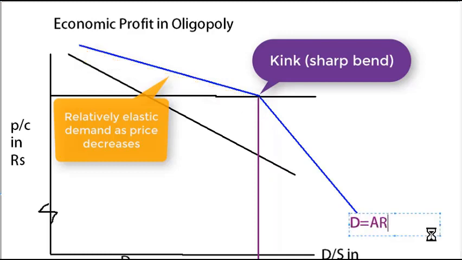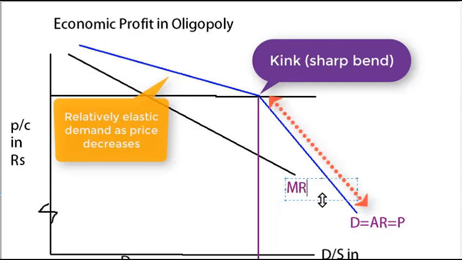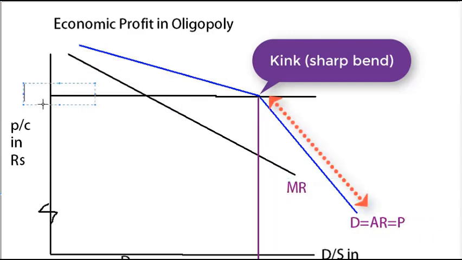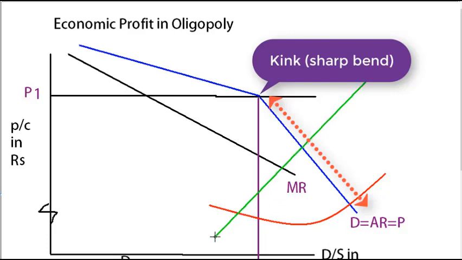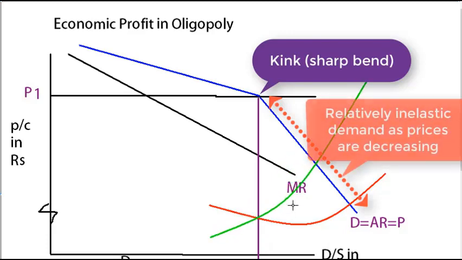If, on the other hand, the firm decides to lower the price, all of the companies follow suit. Since all firms lower the price, the individual firm does not enjoy a large increase in the amount it can sell. The demand below the price is relatively inelastic.